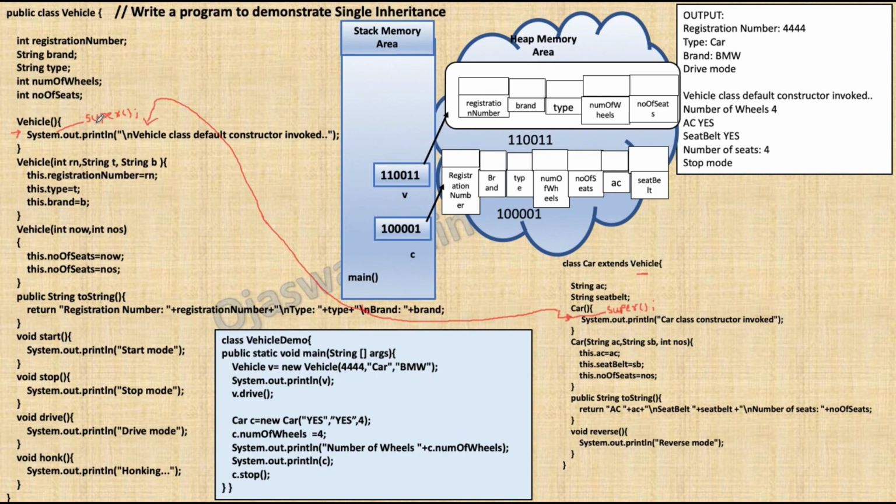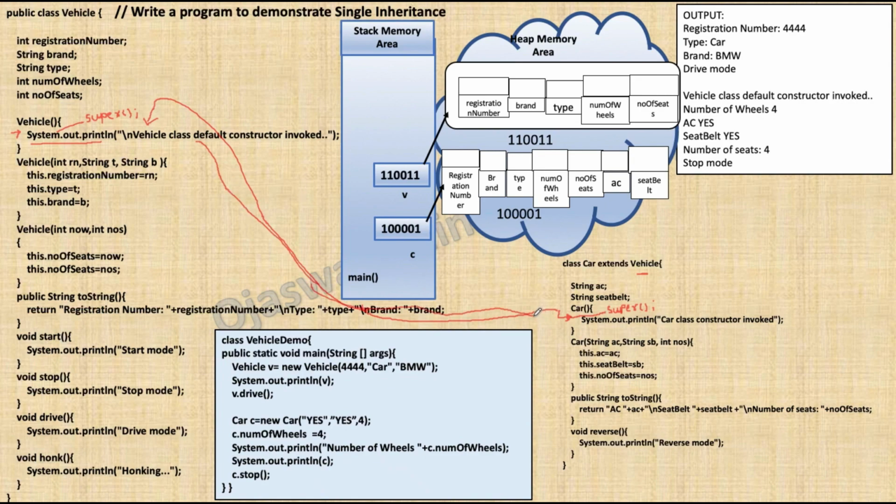The code inside there will execute. There is no println statement, hence nothing will be printed to the console and the control will come back. And this statement System.out.println will be executed and a new line will be added to the output screen and vehicle class default constructor invoked. This statement will be printed.